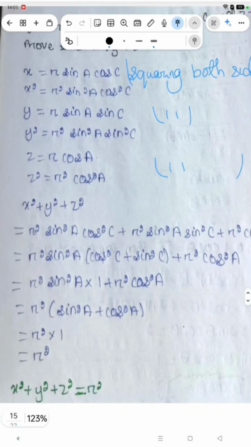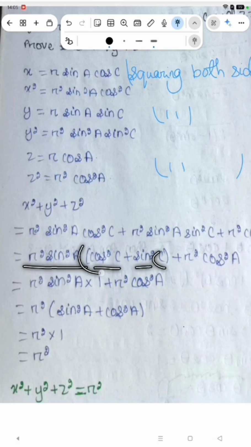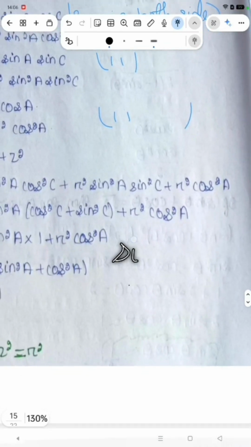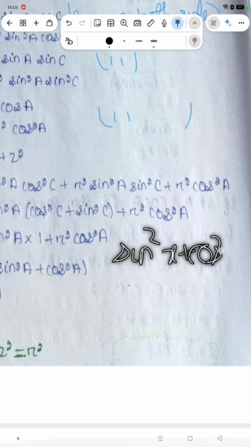So after doing that, it is equal to r square sine square a, cos square c plus sine square c, we have to put in bracket. We know according to trigonometric identity, sine square x plus cos square x is equal to 1.